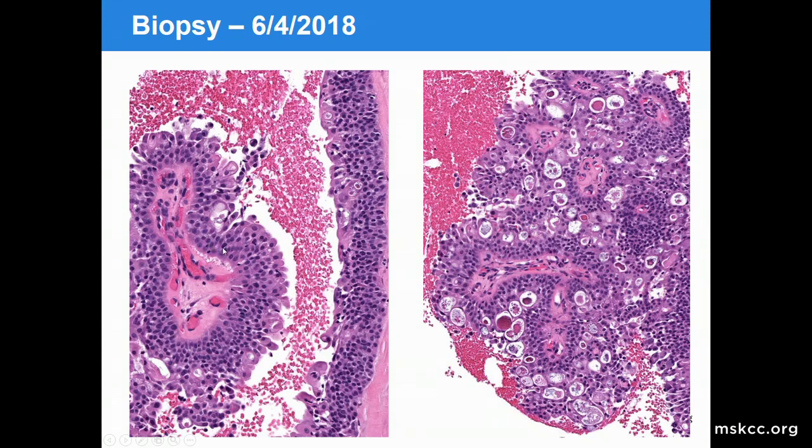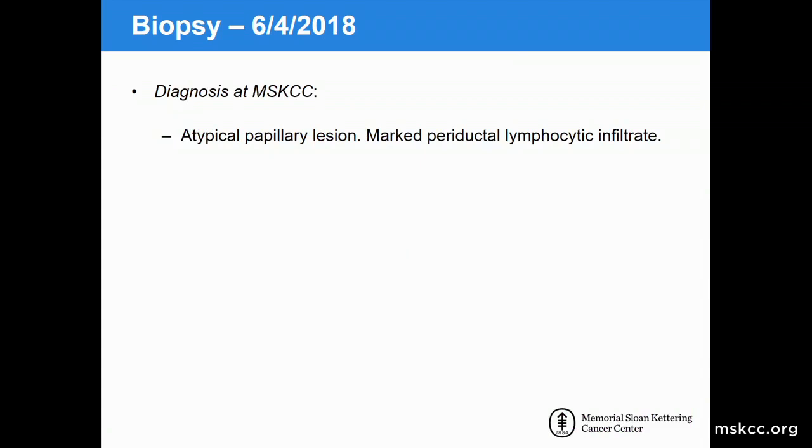Some of the cells show slightly smaller, rounder cells, and some of the cells are slightly larger with an eosinophilic cytoplasm. And then there were also areas that showed this marked cystic change. So the diagnosis at our hospital was an atypical papillary lesion and marked periductal infiltrate.